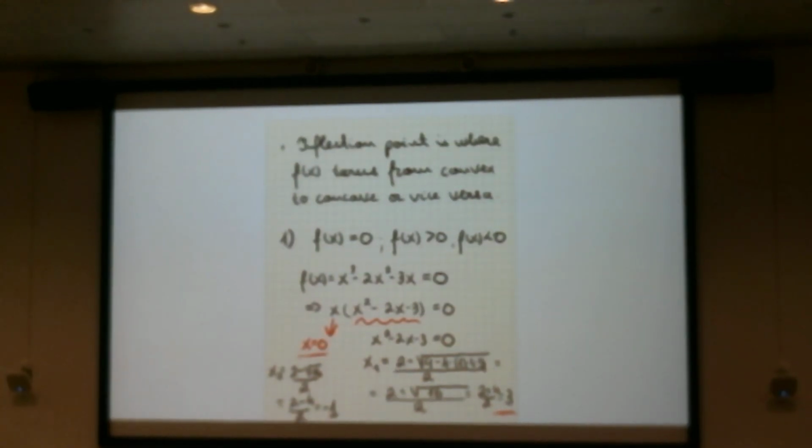Now, I want to understand where the function is positive and where it's negative. So here, it's extremely convenient to use sign diagram. We can do a very quick sign diagram.